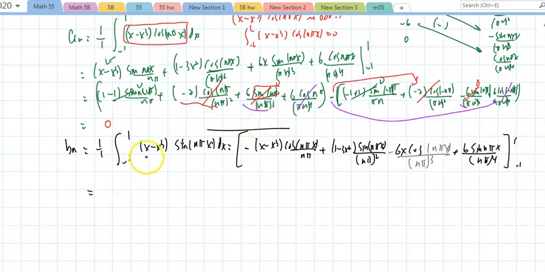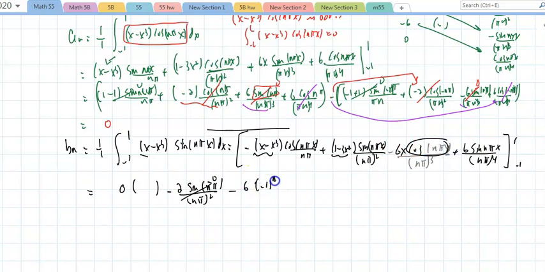if I put the 1 in, that's a 0. If I put the 1 in, minus twice the sine of n pi over n pi squared, that's a 0, minus 6 the cosine of n pi, that's a negative 1 to the n, over n pi cubed, right?